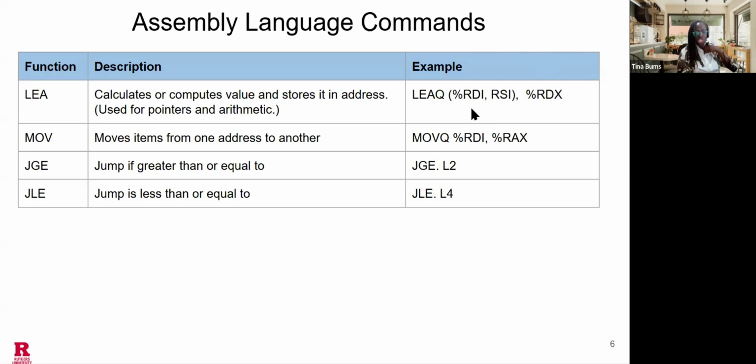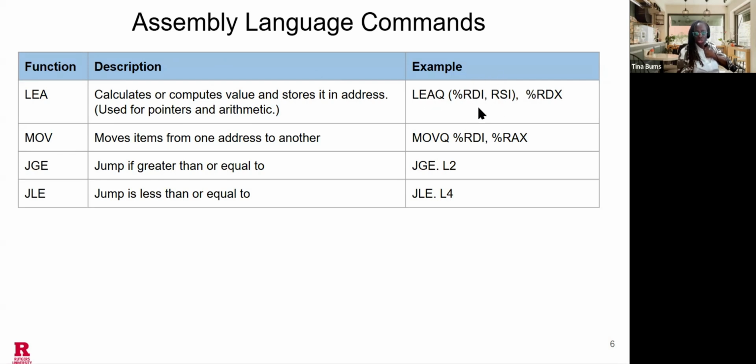What you'll see here, this Q, as we stated before, is going to denote 8 bytes of information or 64 bits of data. What you're going to do is calculate this particular item and then store it in the address. So you're going to calculate whatever operation you want to do here, which likely is going to be some sort of add.